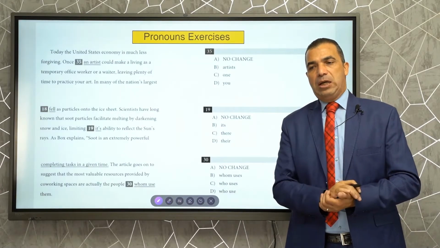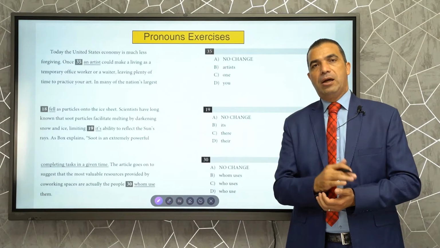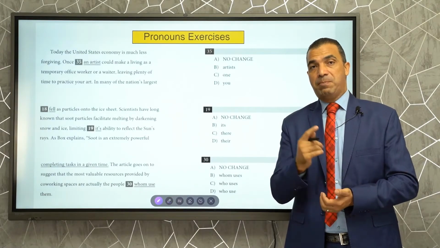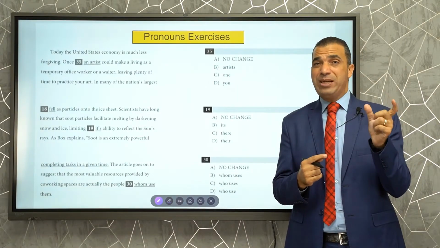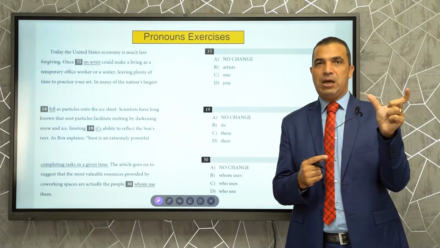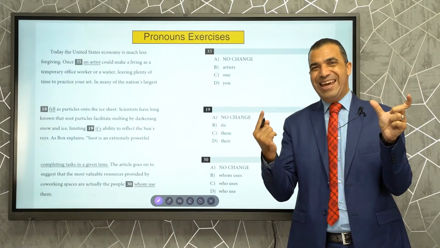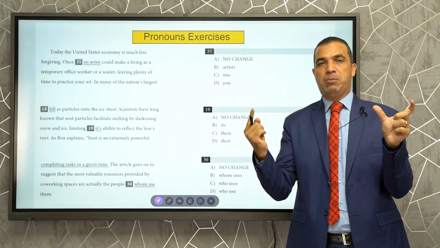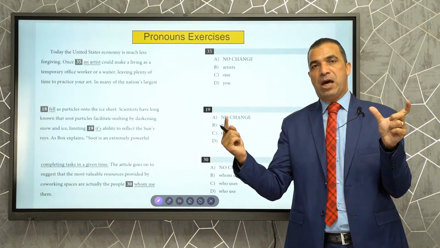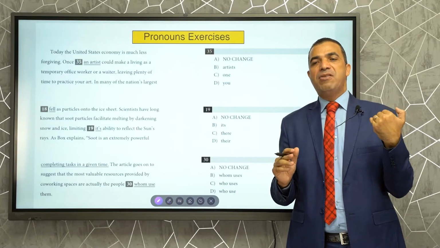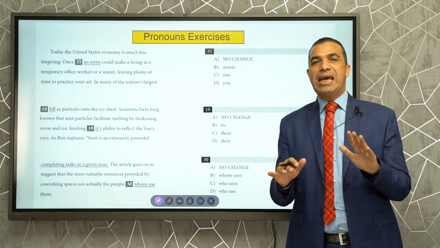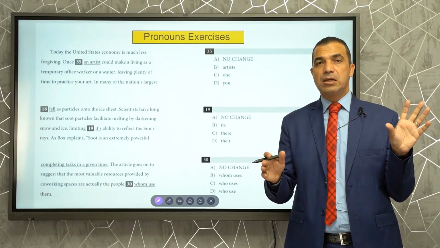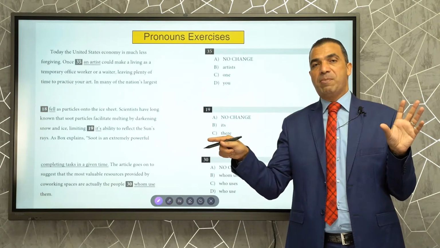If I say, a camera is on my desk, it is made in Japan. I'm talking about a single camera, so I'm using the word it. It is made in Japan. But if I say there are many cameras on my desk, they are made in Japan.